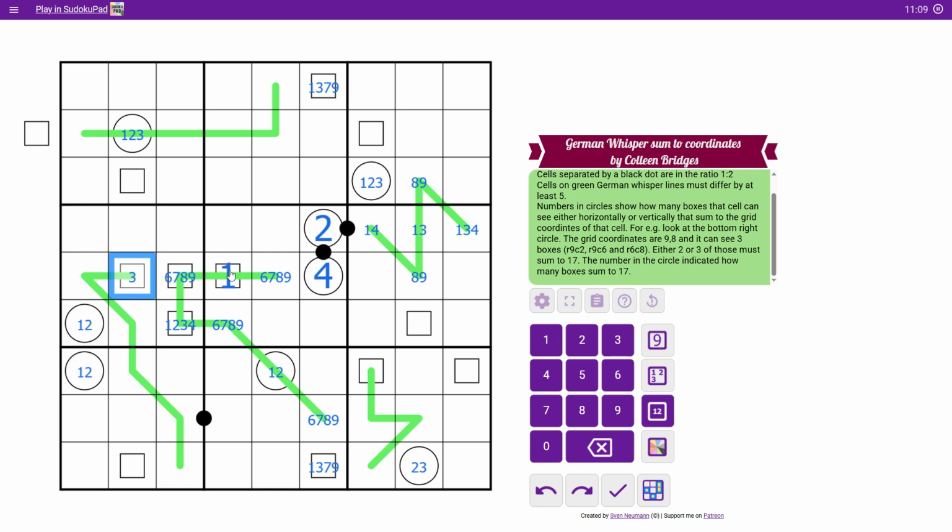If it's 6, 1, 3, that would be no good. 4, that's 10, it'd have to be another 1, which would be no good. If it's 6, 1, 7, we've got too many already. If it's 6, 1, 9, then there's way too many. So that's the only possibility with a 6.